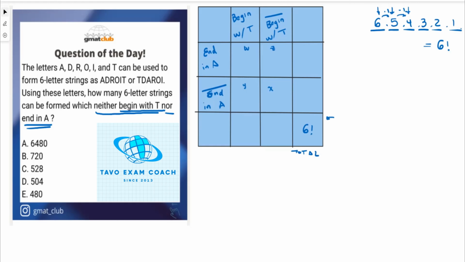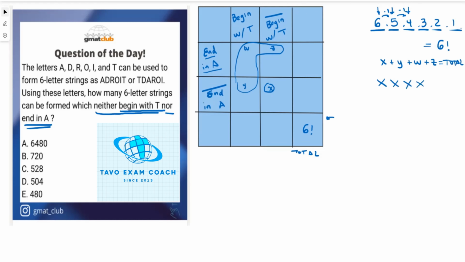Now, considering that X plus Y plus W plus Z is the total number of strings, we want to identify the value of X. The total number of strings ending in A, which will be the sum of W plus Z, can be calculated in this way.